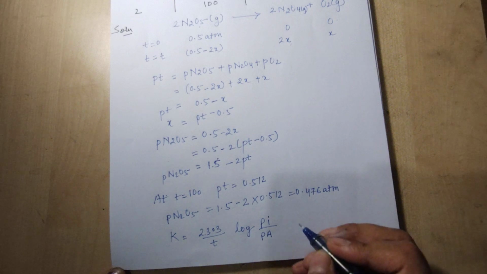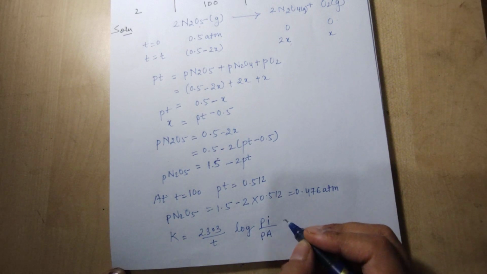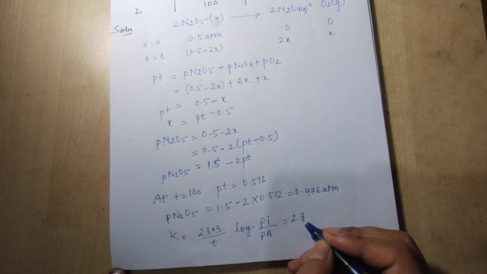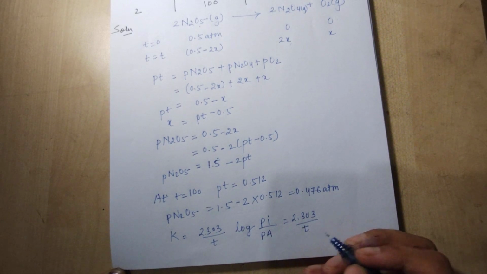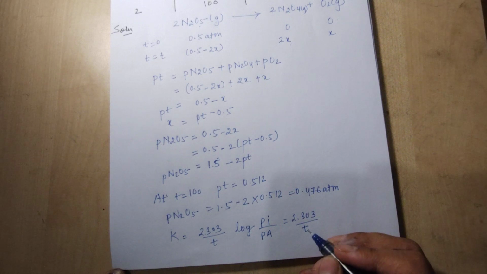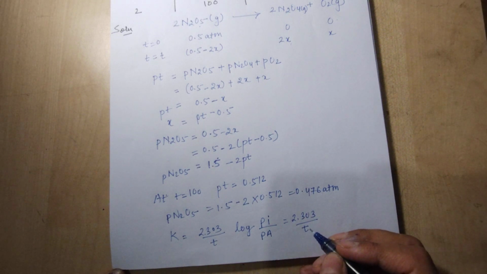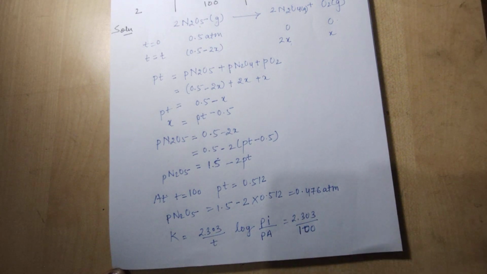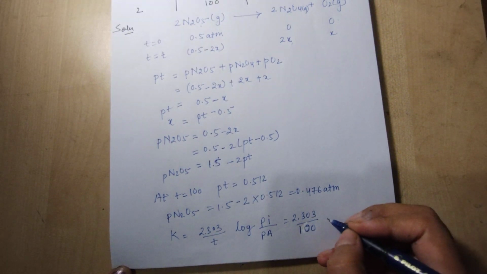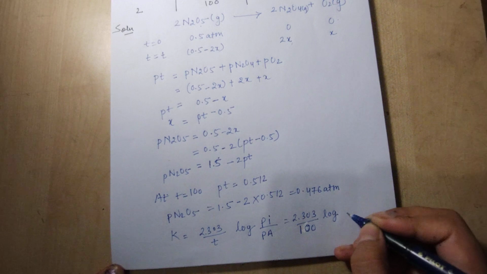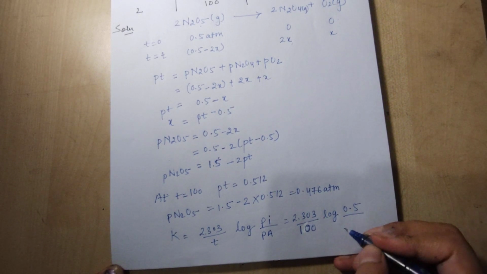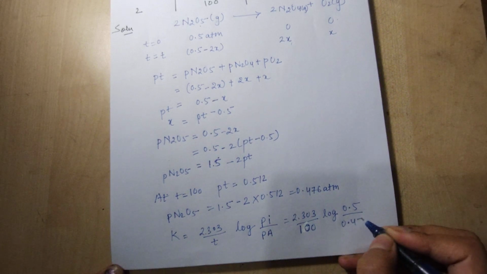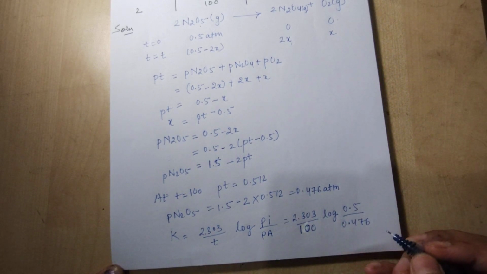That is the remaining pressure. So this will become, time is 100 seconds, so here we put 100 seconds, log 0.5, that is the initial pressure, and 0.476, that is the remaining pressure.